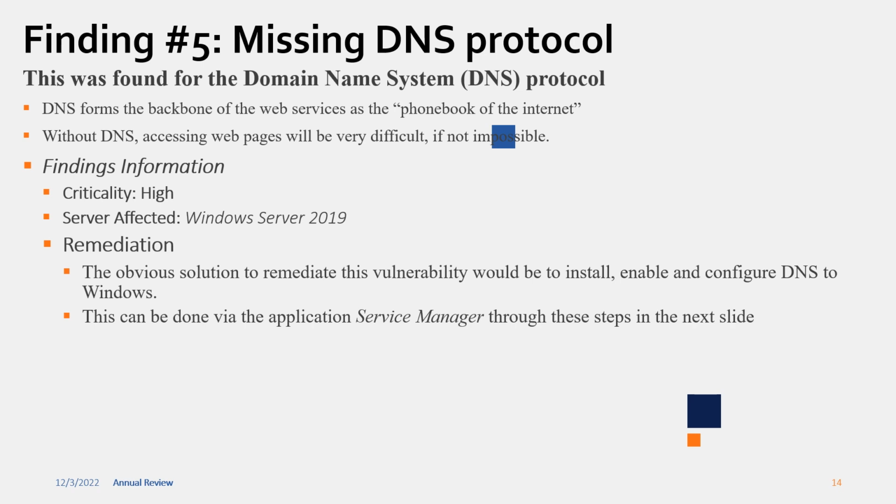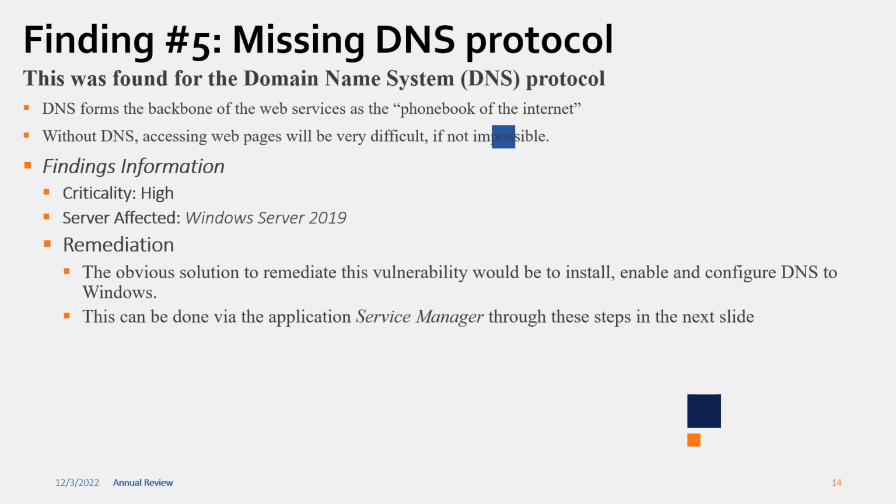What happened was I discovered that the DNS protocol, the domain name system protocol, couldn't be found during the scan. That's an issue because if you want to use the Windows service, you have to be able to access web services in order to access web pages. And you can't do that without the DNS protocol because it forms the backbone of the web services as the phone book of the internet.